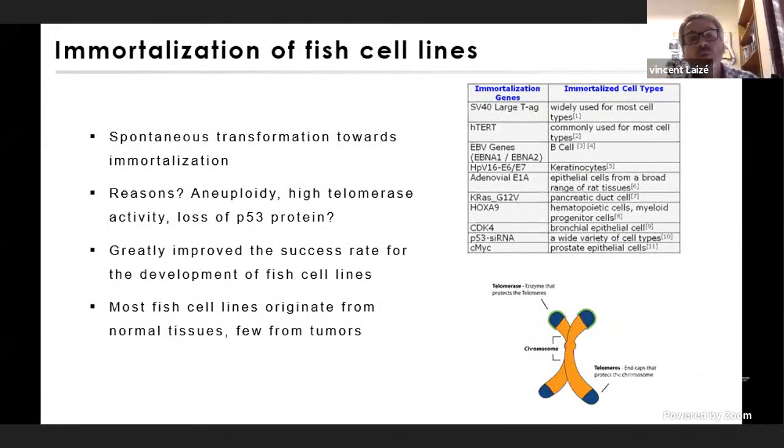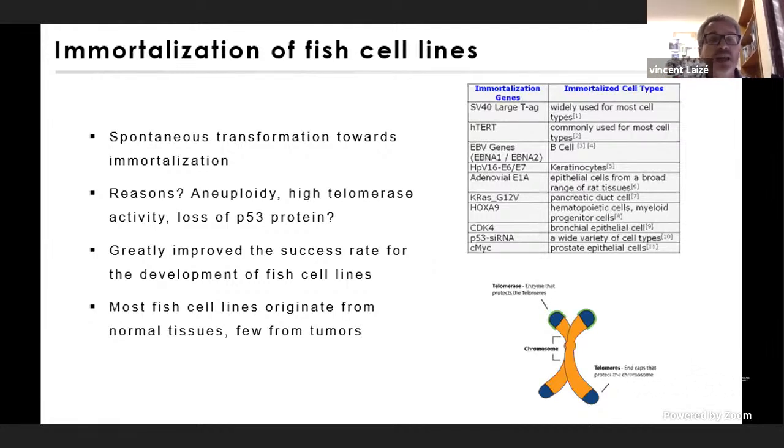Another reason to explain the fast provision of fish cell lines is their capacity to spontaneously transform and acquire the ability to grow continuously. Nearly all the fish cell lines that are available from the Cellosaurus have undergone that spontaneous transformation. That means that they were not induced for immortalization, for transformation, like most of the mammalian cells from humans or rodents.